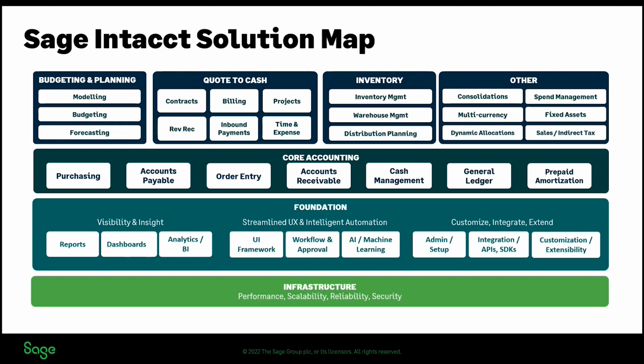As we go up, we get into the actual applications, the core accounting, and some of our business processes. We'll be looking at many of these along the way today when we get into the software. But just understand that all of these solutions here are integrated. All roads lead to the general ledger. So this is a fully integrated solution.